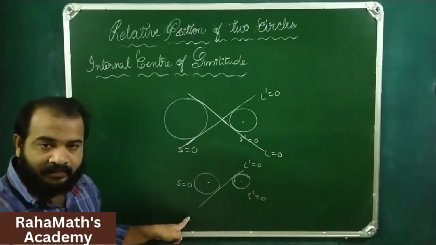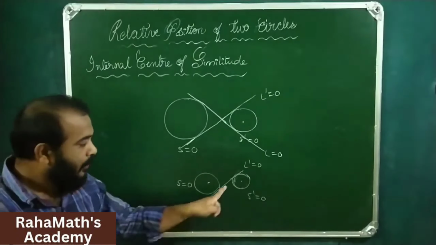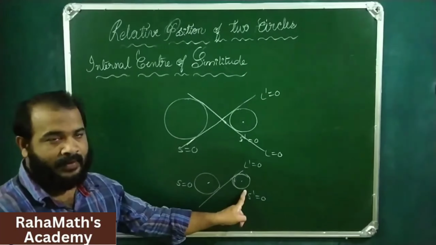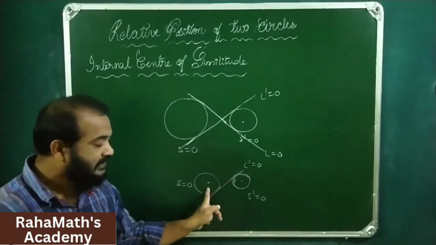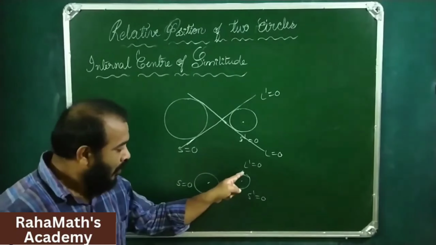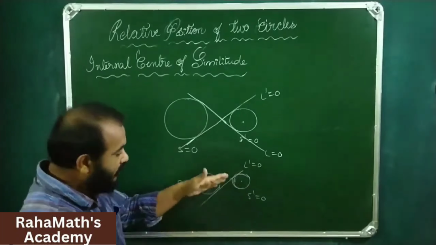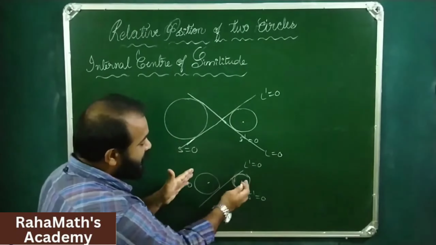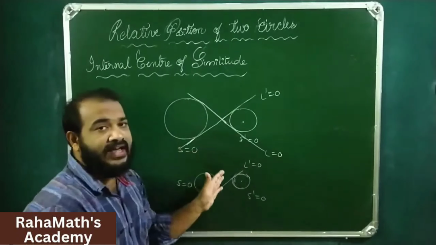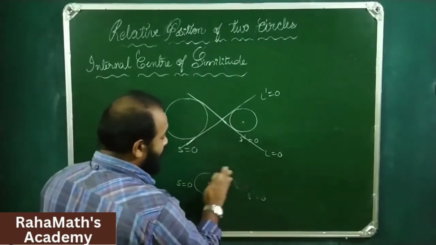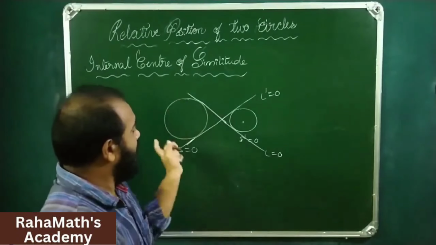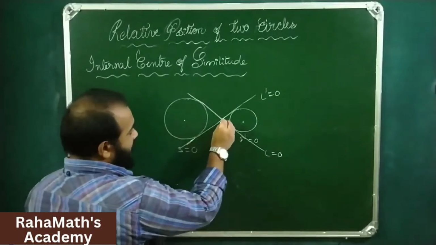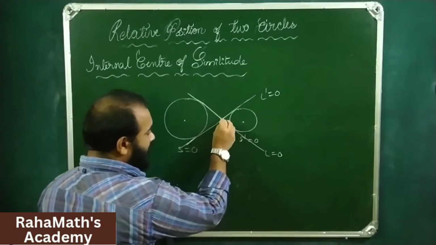This line is a common tangent first of all, because it touches both the circles simultaneously. But these two circles are lying on either side of the line L dash equals 0. Therefore, what are these common tangents called? Transverse common tangents.